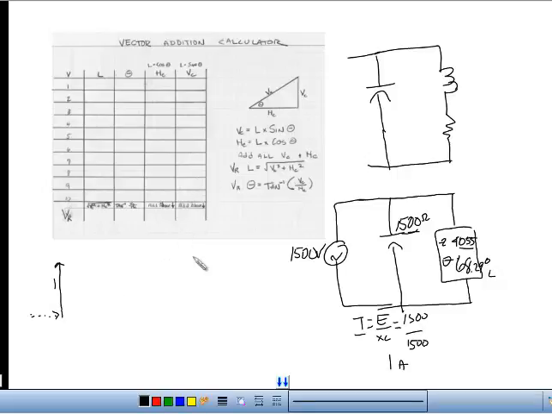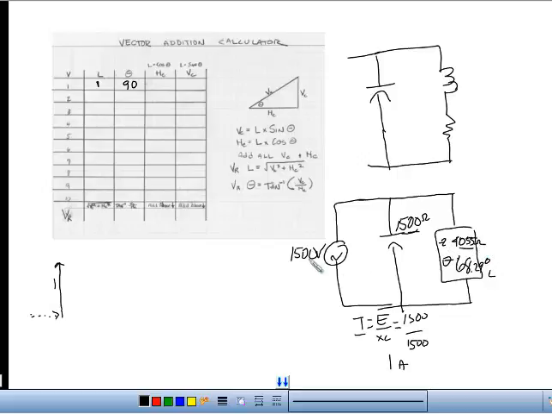So we've got this 1 amp, 90-degree positive phase displacement vector that we're going to add to the inductive vector. It has an impedance of 4055 ohms. So what kind of a current would that allow?